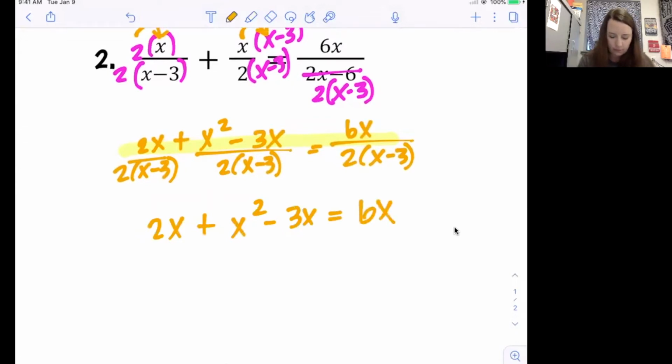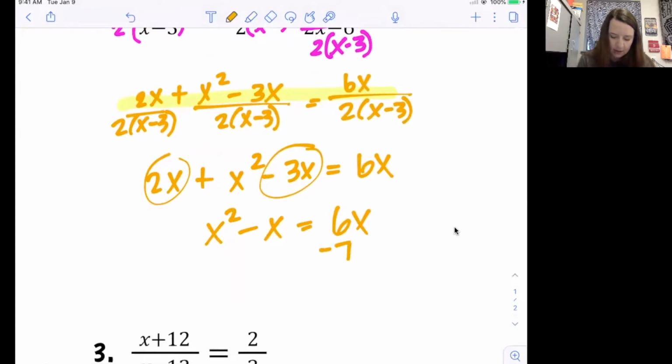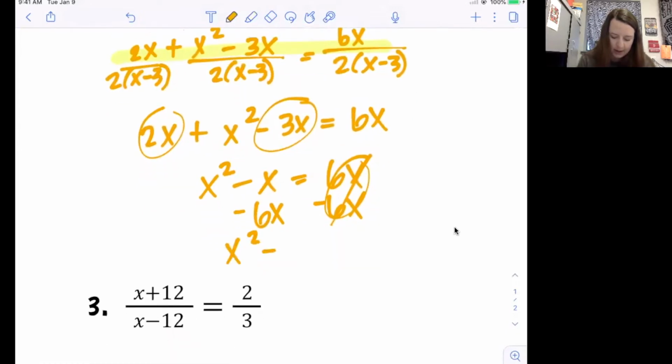So I'm going to go ahead and get everything to the same side. The 2x and the negative 3x can combine. So x squared minus x equals 6x. And then I can subtract the 6x from both sides. So I get x squared minus 7x equals 0.